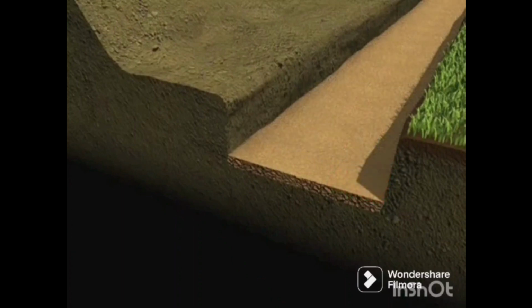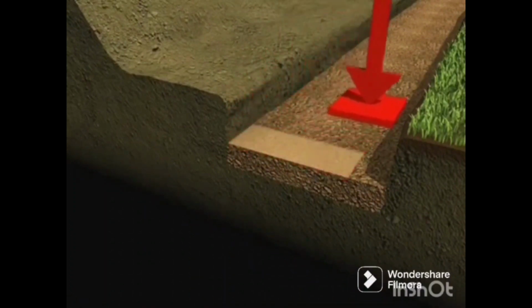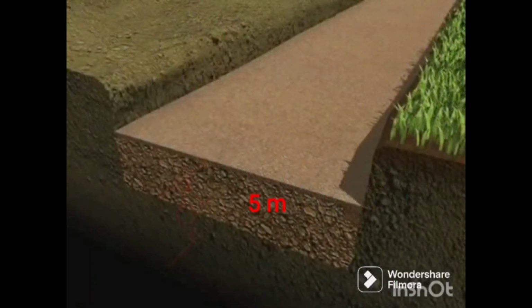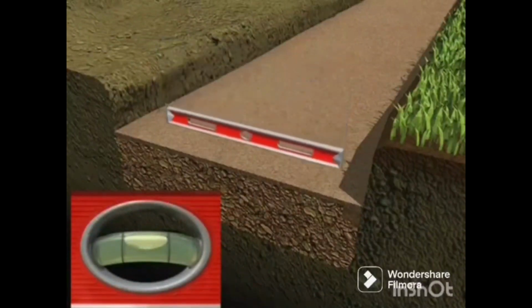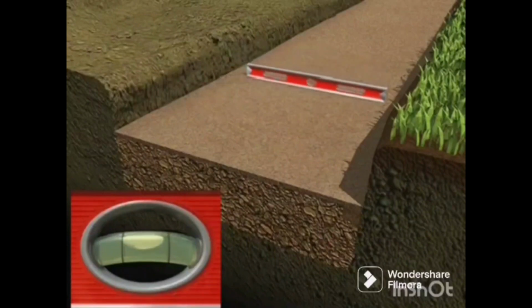Next, continue to backfill the next layer and compact the soil. The steps are repeated until you reach the height of 5 meters. Lastly, make sure the base is level from back to back and side to side.